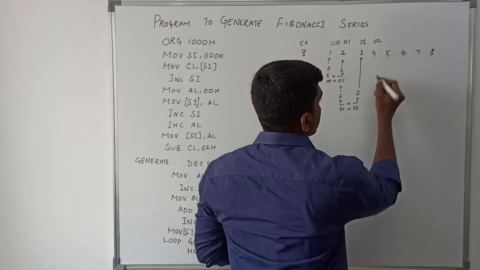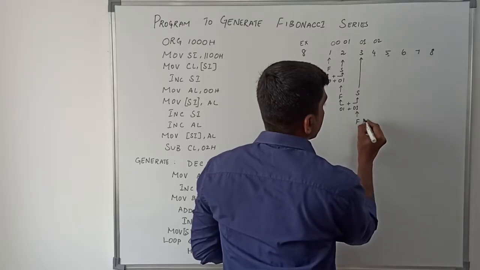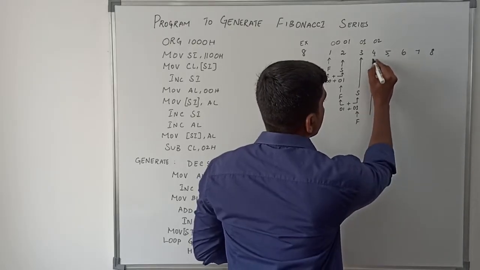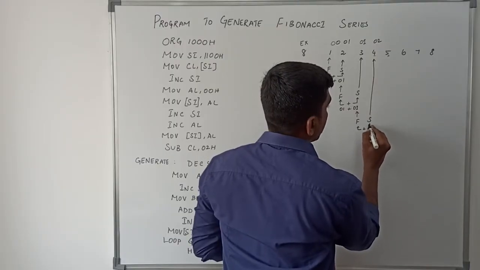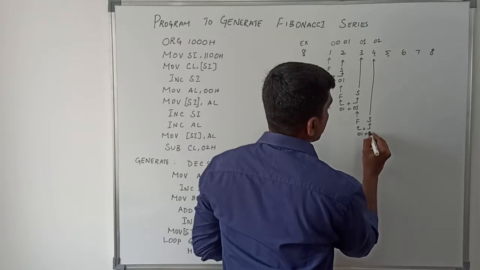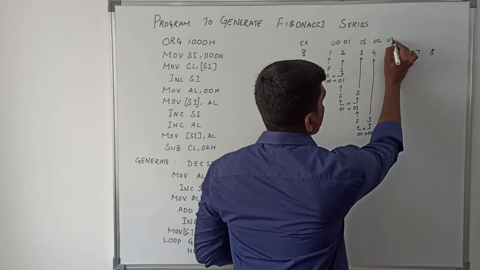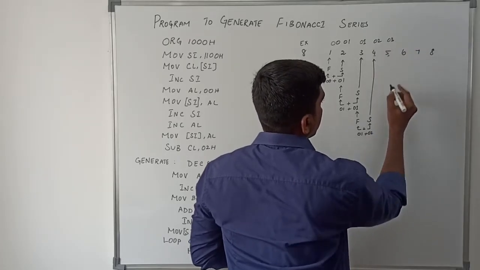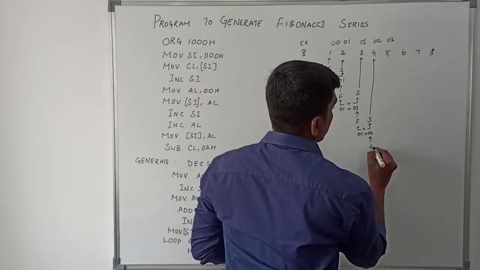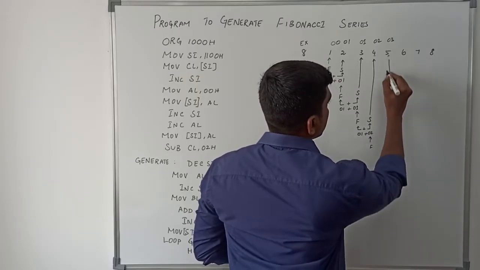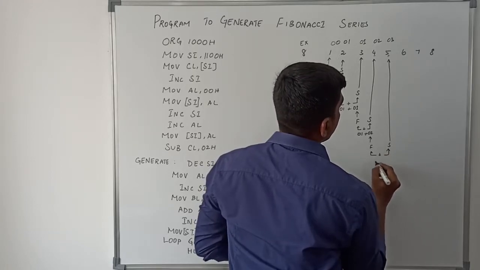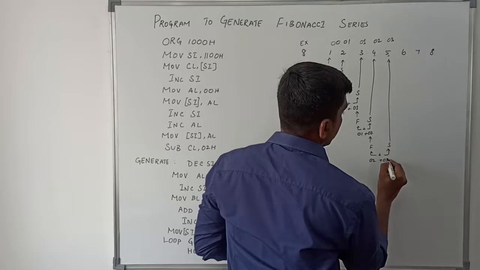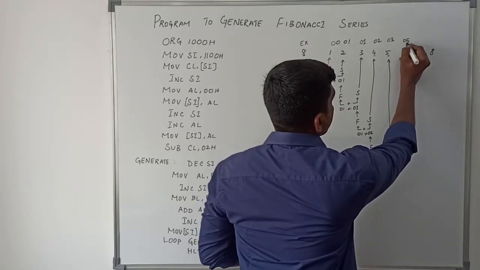Then the Fibonacci series for 5. This one is the first number, this one is the second number. Adding these two numbers, 01 plus 02, the result is 03. Then you find 6. Adding 02 plus 03 gives 05.